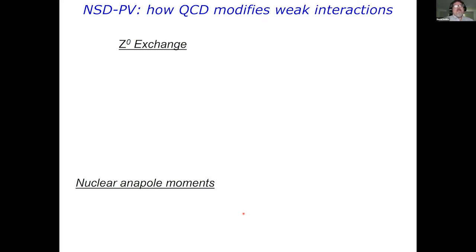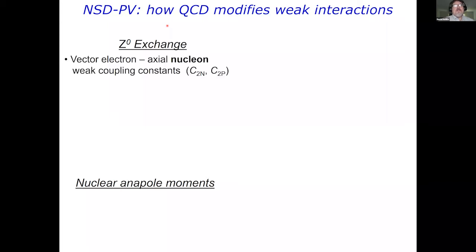In the end, what measurements of this particular effect would tell us is how QCD modifies weak interactions. So for example, if we're able to learn about the Z0 exchange terms, we learn about some particular coupling constants in electroweak interactions, which are only poorly measured.